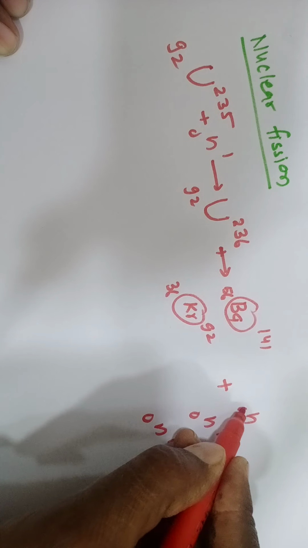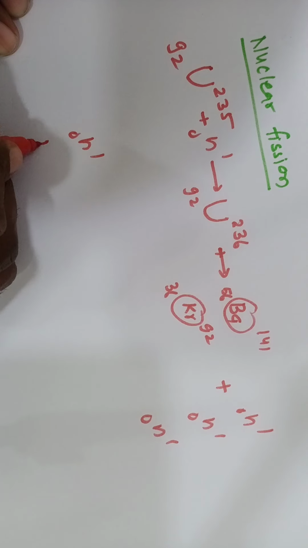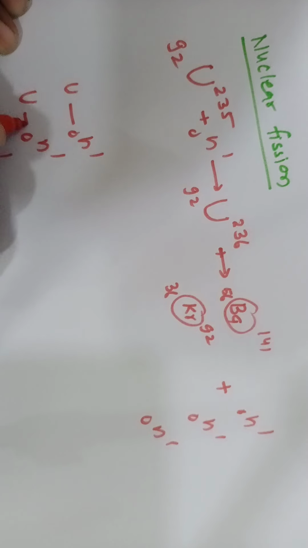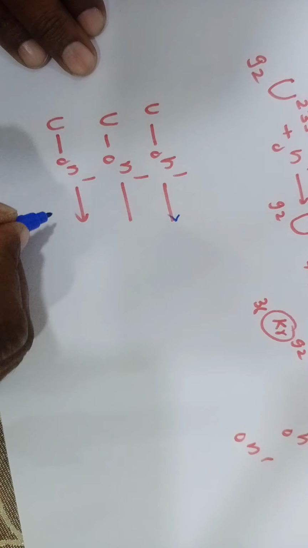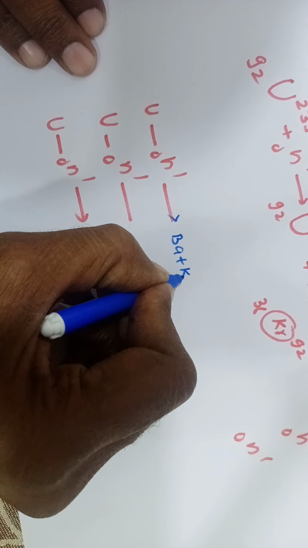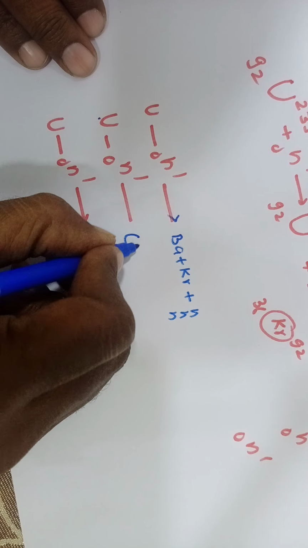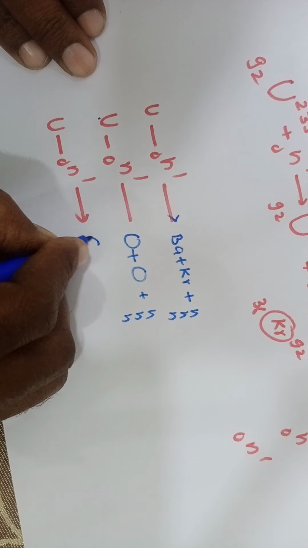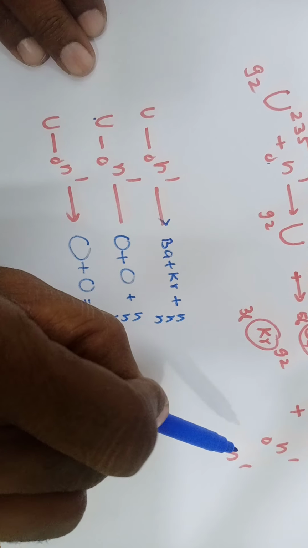Now these neutrons also cause nuclear reactions, so the 3 neutrons will bombard more uranium atoms, and each reaction ejects 3 more neutrons. When uranium breaks, barium and krypton form and 3 neutrons are emitted.